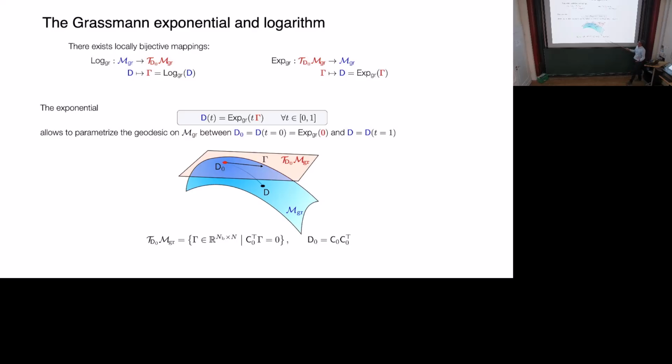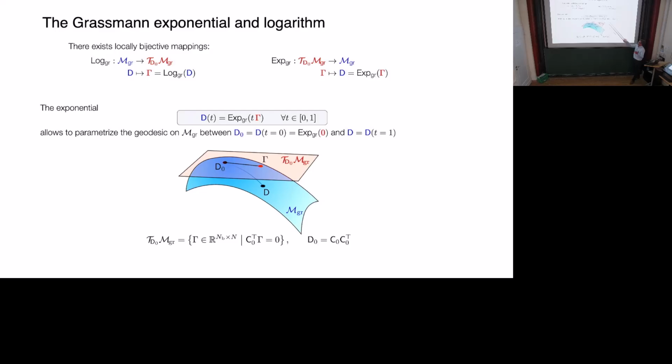And so, for instance, you can take here a D, compute its corresponding gamma, the corresponding vector in the tangent space, and take a T that goes from 0 to 1 here, and then take the exponential of it, like this, and it turns out that this curve is the geodesic on the Grassmann manifold.